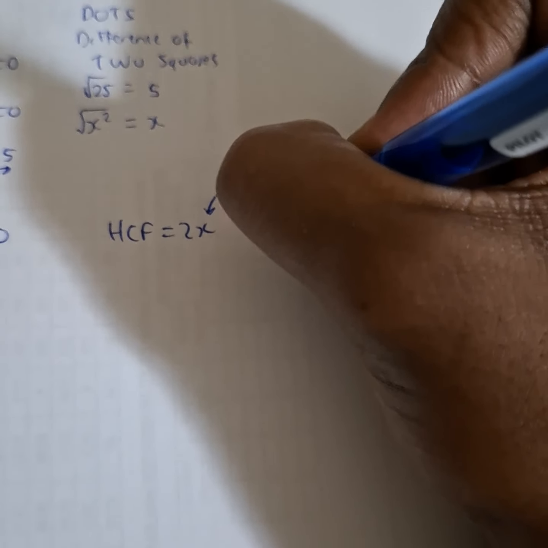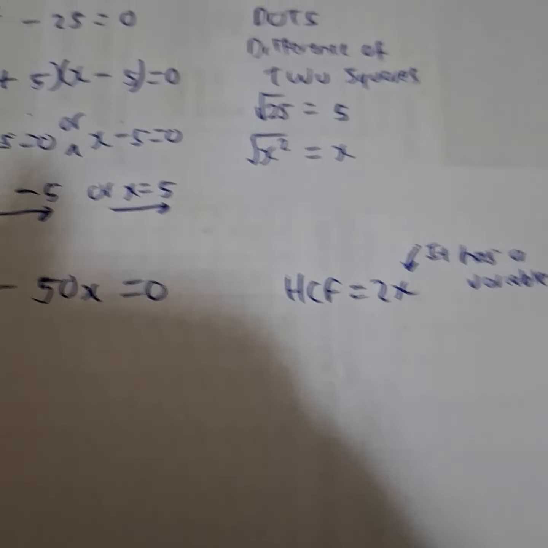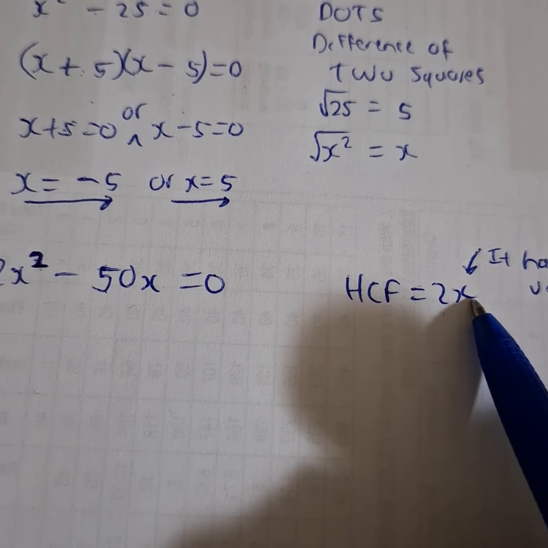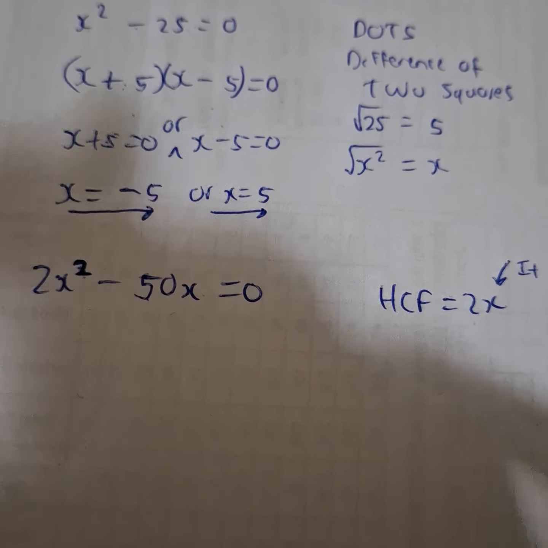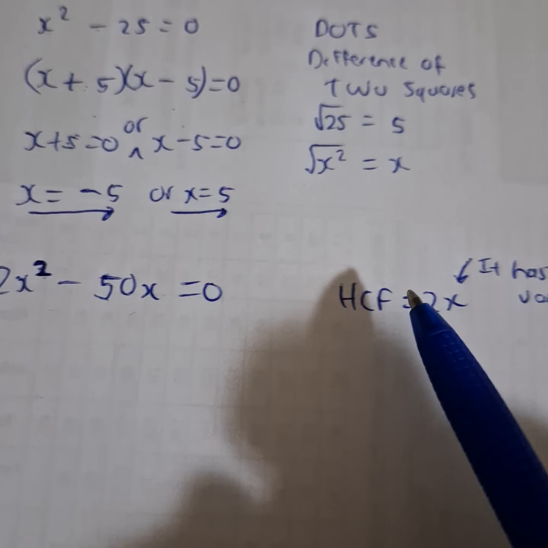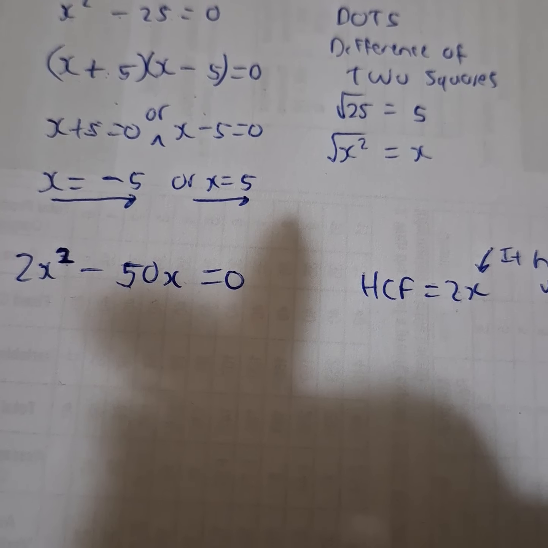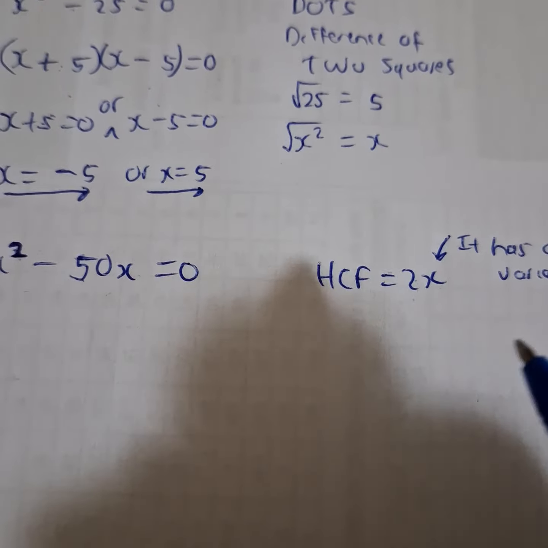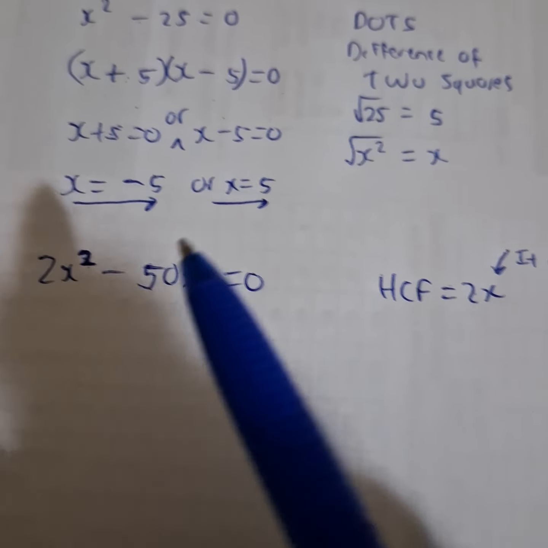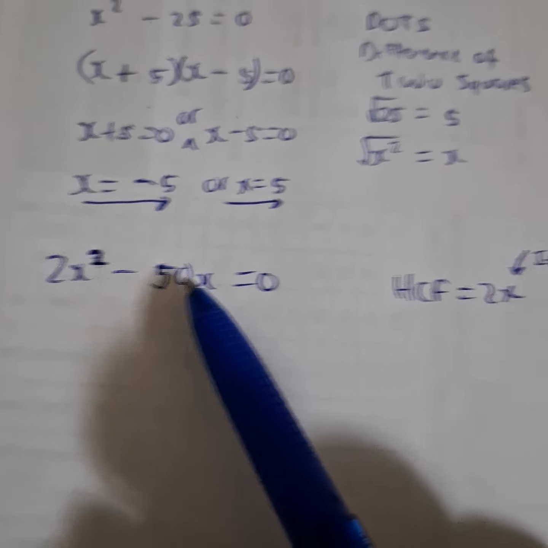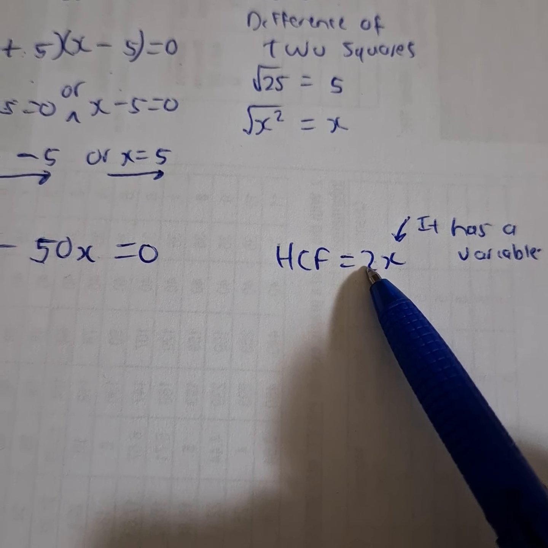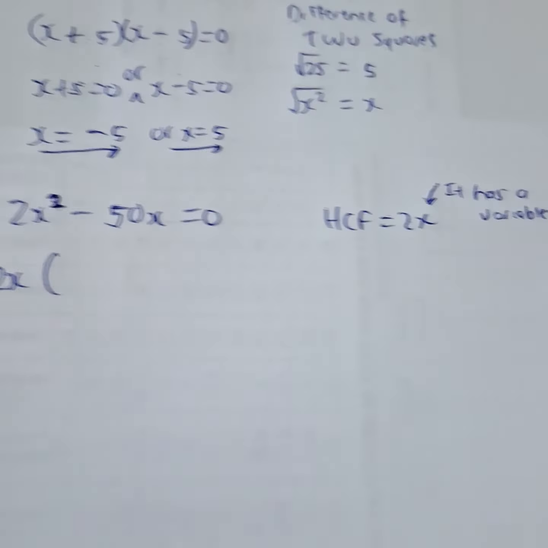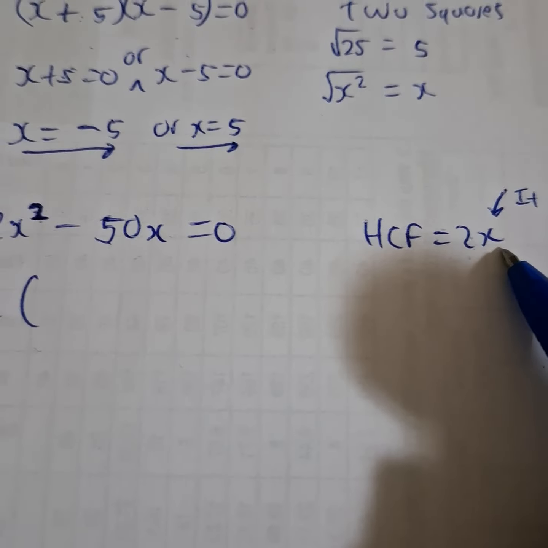We avoid doing that, because if we divide each term by 2x with the variable there, we actually lose a solution from the equation. So we don't want to lose a solution. We want to have all of our solutions available that can satisfy this equation. So we don't divide by 2x, rather we take out 2x as a highest common factor, which is very important.